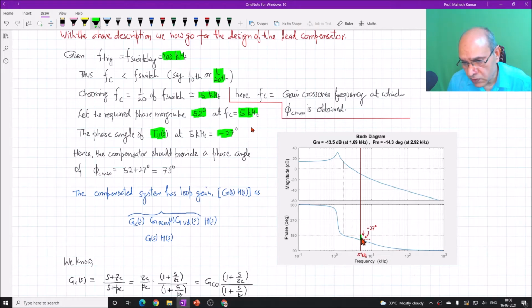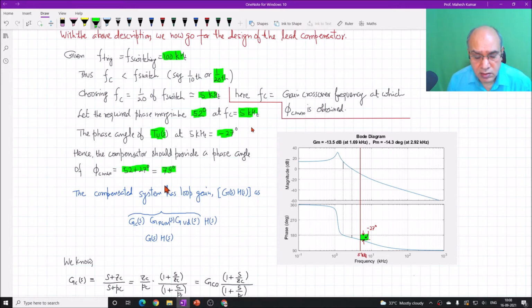This is -27 degree here. Therefore, the net angle that must be contributed by the phase lead compensator must be 52 minus 27, meaning -27 becomes +27. So it must provide the maximum phase angle of 52 plus 27, that is 79 degree.